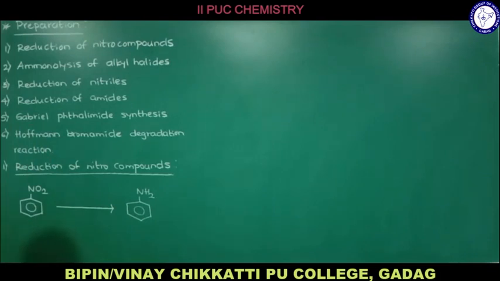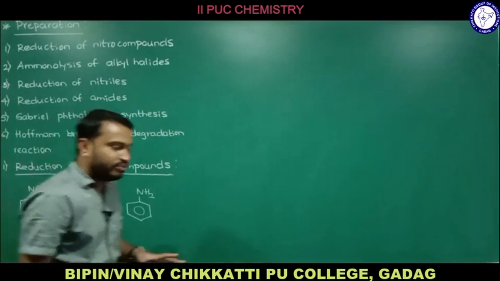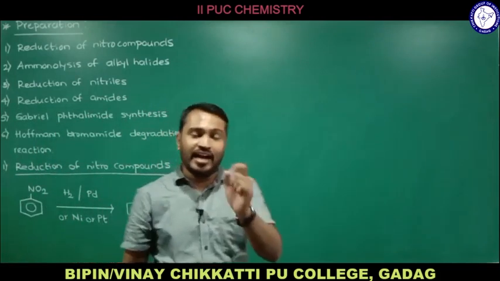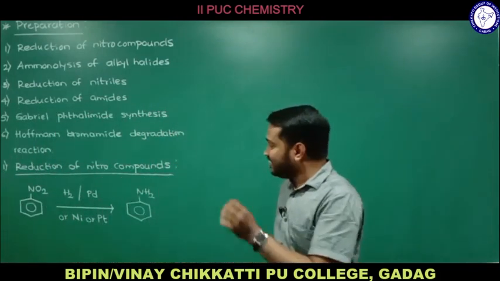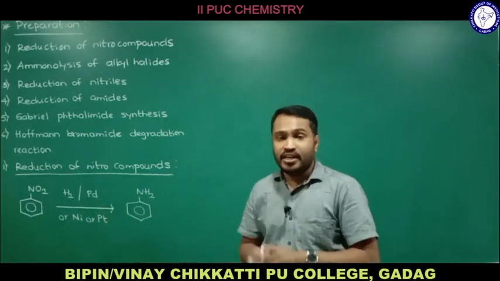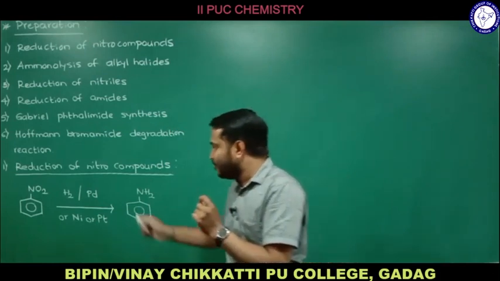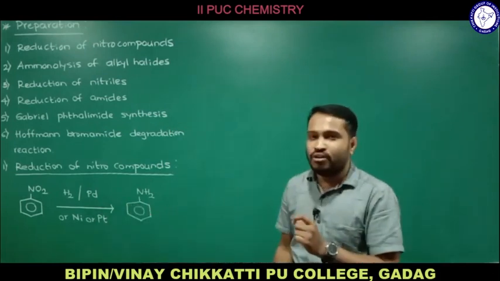So what I am going to consider here is I will add hydrogen in the presence of Pd, which stands for palladium, or you can consider nickel instead of Pd, or platinum instead of that. And this addition of hydrogen, we call it hydrogenation reaction. So this is a hydrogenation reaction where hydrogen is going to be added in the presence of a finely divided catalyst, and you can consider nickel, platinum or palladium.